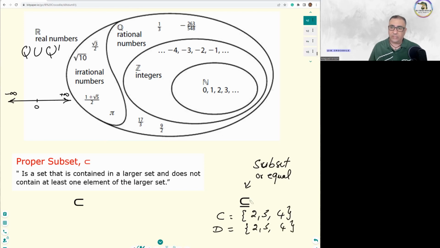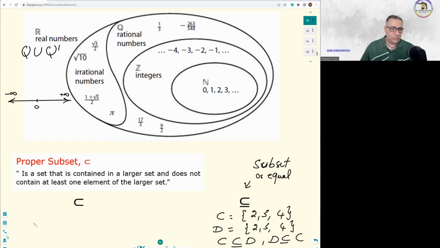Right? So that means all the elements of C also exist in the set D. So now we can say C is a subset or equal to D, or I can say also D is a subset or equal to C. Okay.